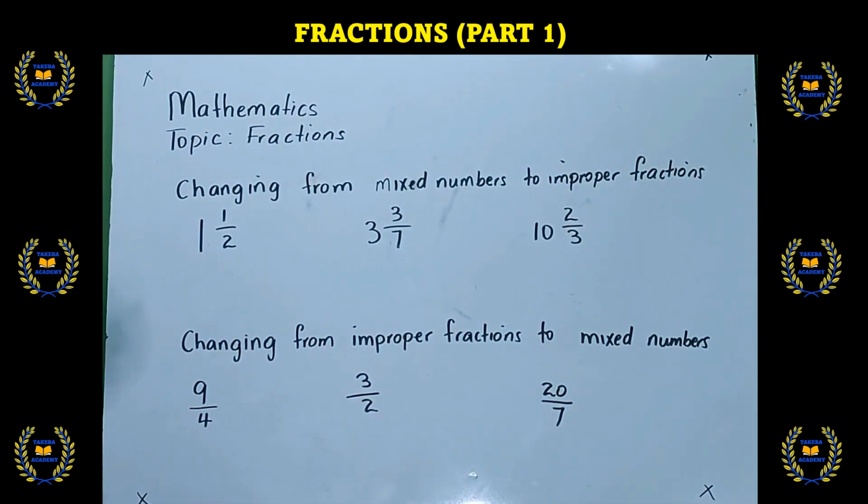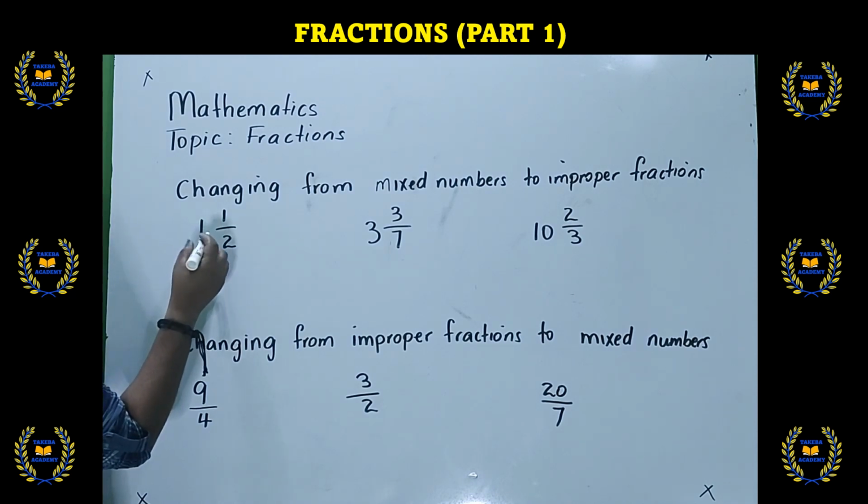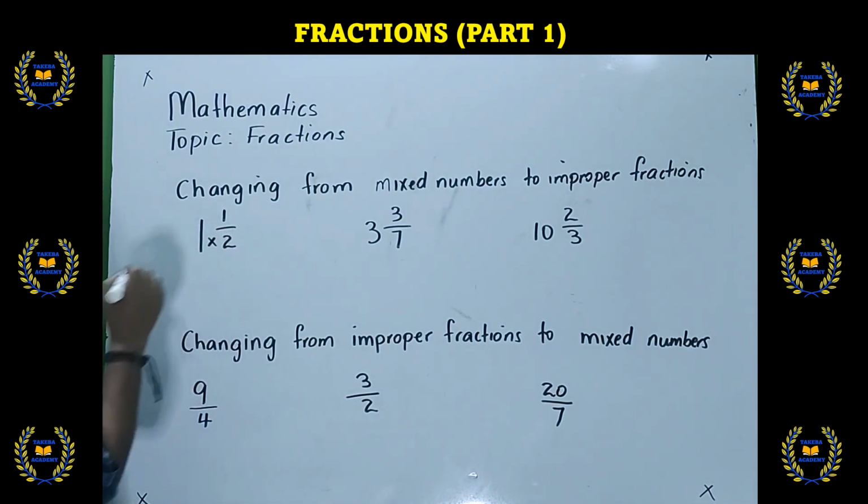Alright, so we are now going to be learning how to change from mixed numbers to improper fractions, and then how to change from improper fractions to mixed numbers. Okay, so pay careful attention to the steps. To change from a mixed number to an improper fraction, we multiply the denominator by the whole number, and then we add the numerator.